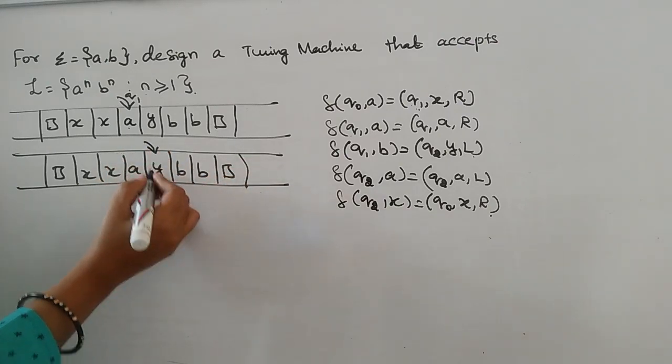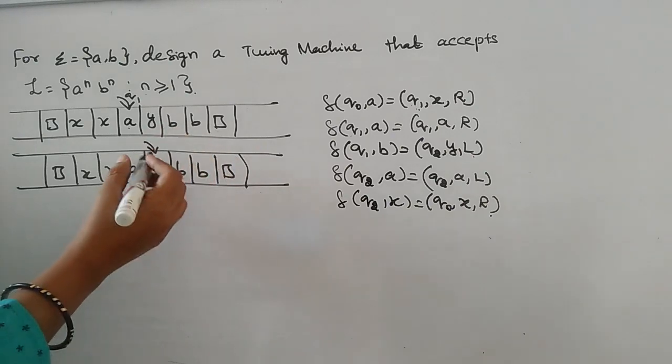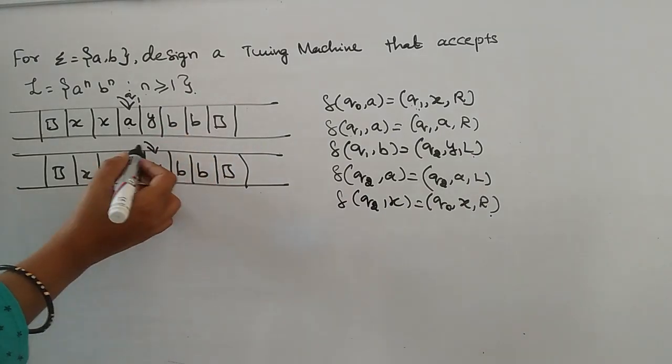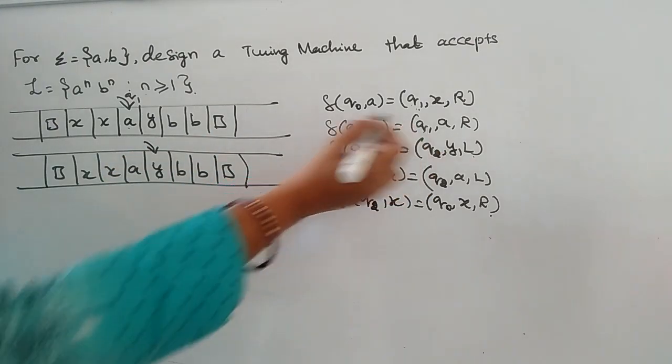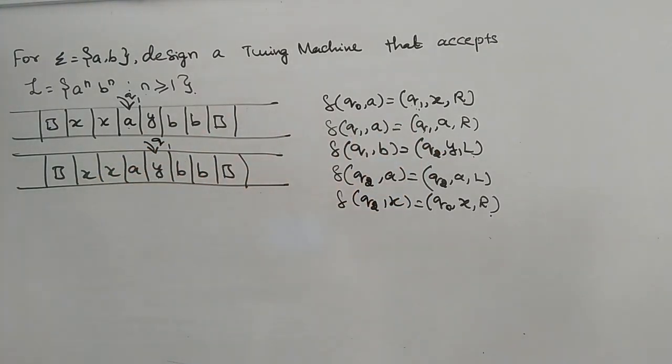So now it has moved towards right and it is pointing to the symbol Y, and the machine will be in the state Q1 only.